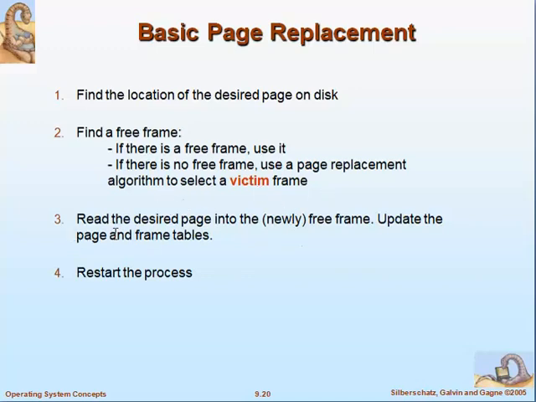The next step is to read the desired page into the newly freed frame and update the page table and frame tables. Whatever victim is selected will be swapped out, and in that frame the desired page is loaded. Then we update the page table as well as the frame tables with the new information. Then we restart the process where we got the page fault.